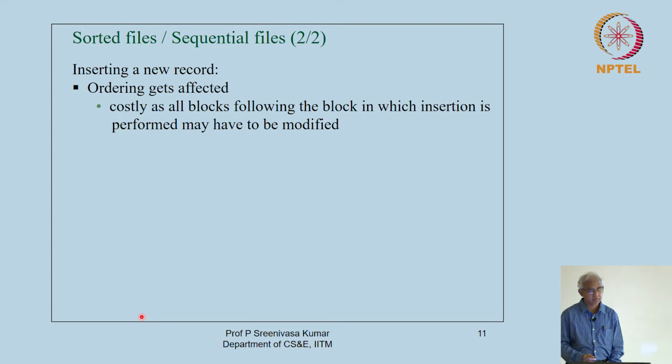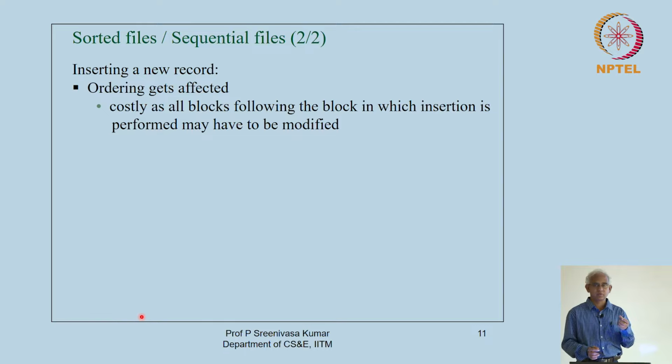So what about inserting a new record? There is a problem because the ordering might get affected, right? You have already ordered the file on roll number and it is there on the disk, and if you are very unfortunate, this new record that has to go will be in the very first few blocks, and then you have exceeded the number of records that can be kept in a block.